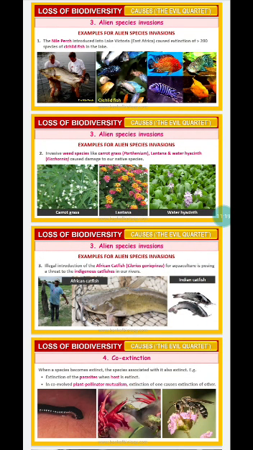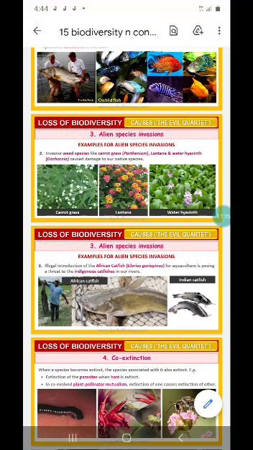But there is no dodo anywhere in the world now, right? So if the last member or last species of that particular tree is gone or gets extinct, it is the end of that tree, that particular species of tree. So that is coextinction.